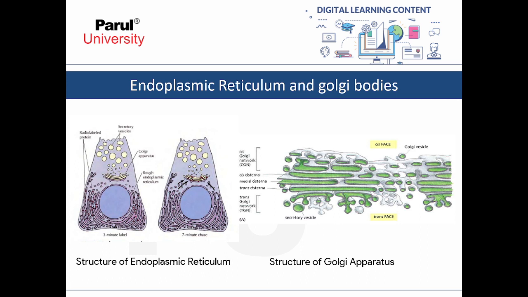Finally, we will also discuss how transport vesicles dock at the appropriate target membrane and fuse with it to deliver their cargo. Let us first understand the various types of coated vesicles.